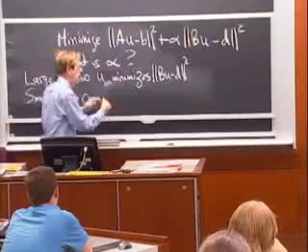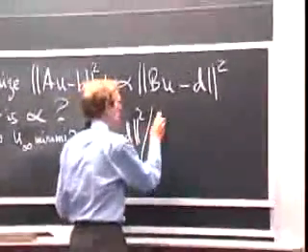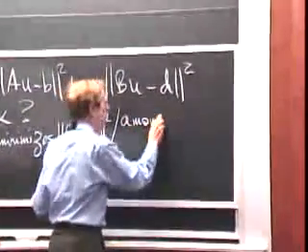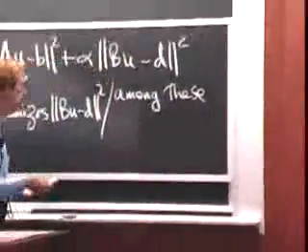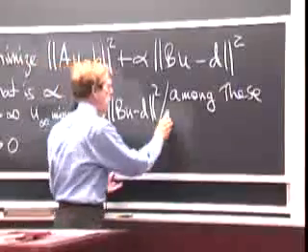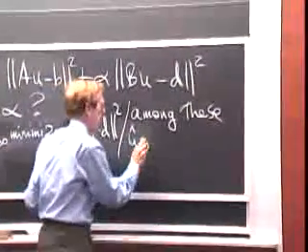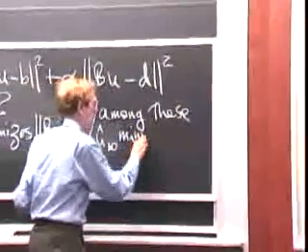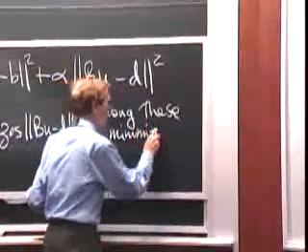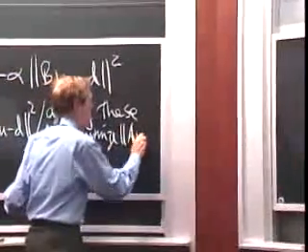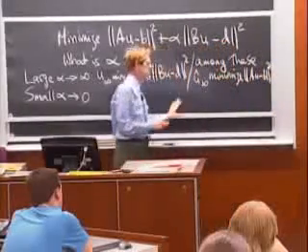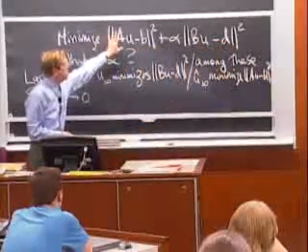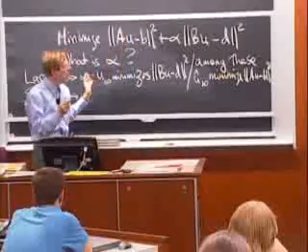So among these, if there are many, and that's what we're interested in, u hat infinity, that limit, will minimize the other bit, au minus b squared. Does that make sense somehow? This is in the problem here for any finite alpha.